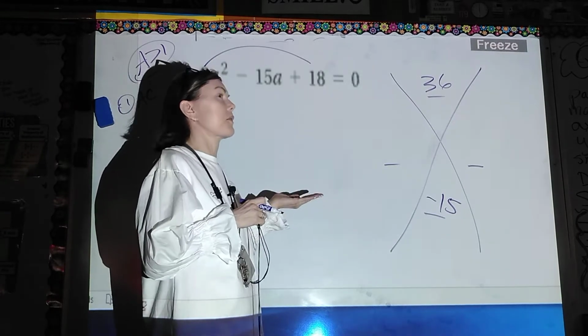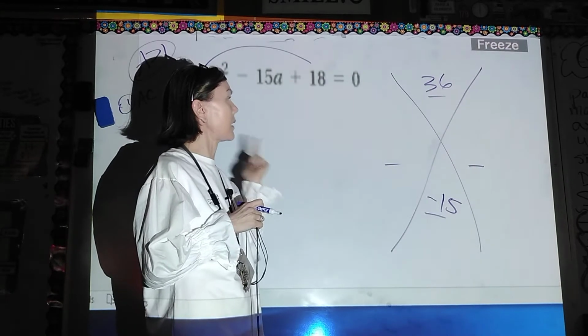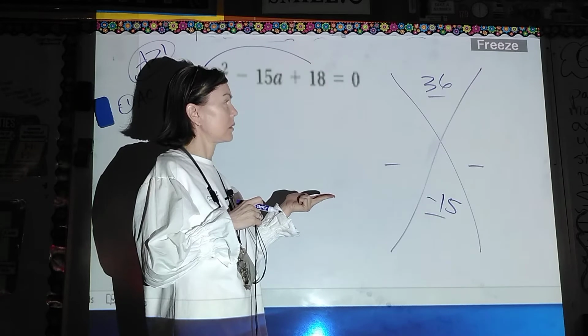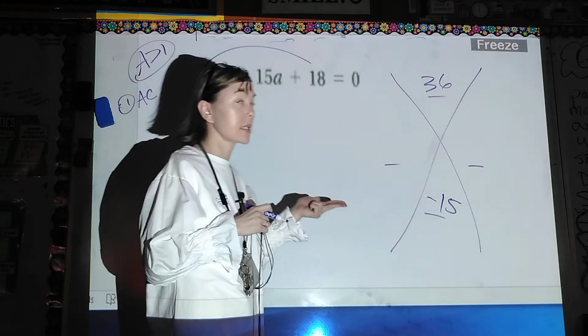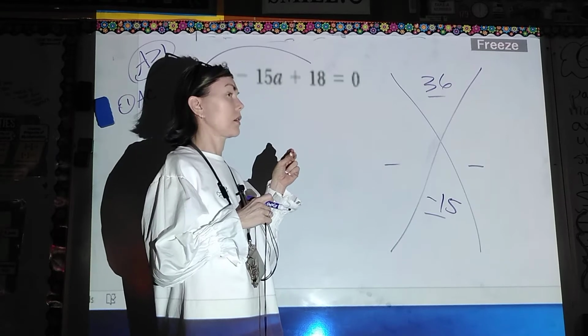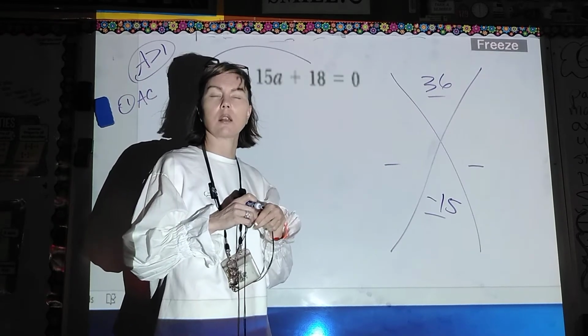So what are the multiples of 36? You have 1 times 36, 2 times 18, 3 times 12. Does that help? What do you think it is then? 12 times 15. I'm so sorry, I wasn't thinking.